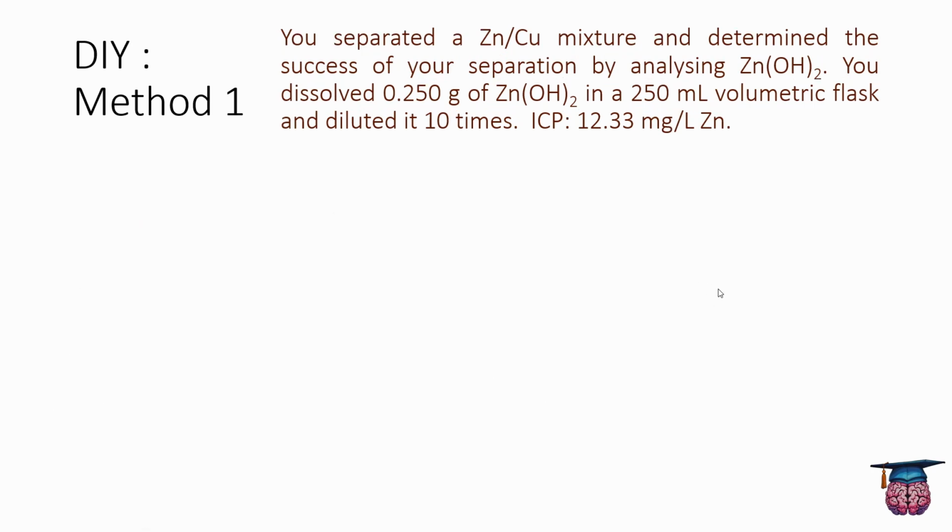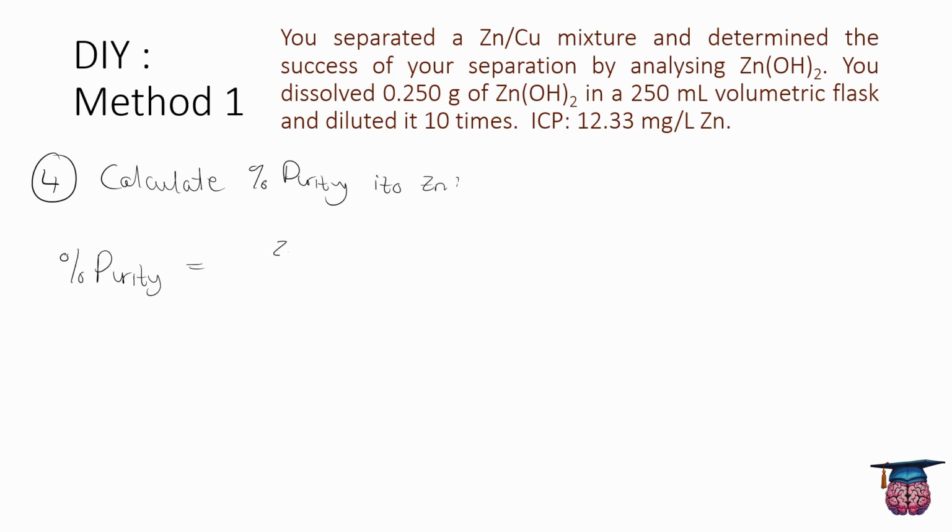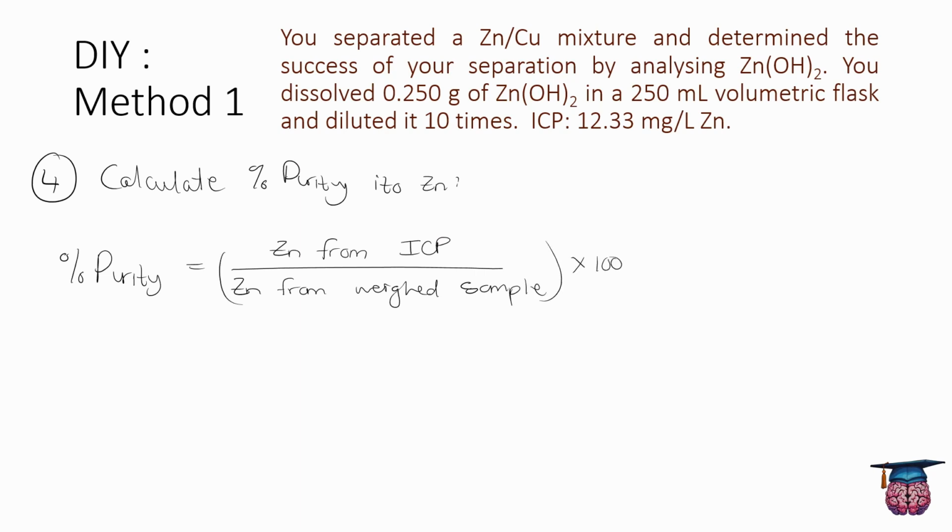We now have all our information to calculate our percentage purity in terms of zinc. This is simply our zinc from our ICP divided by our zinc from our weighed sample multiplied by 100.